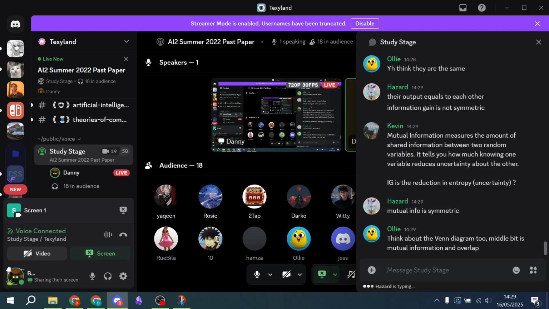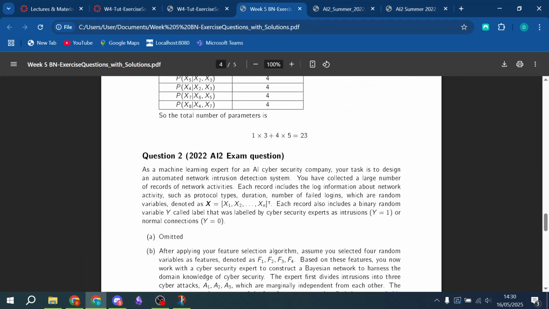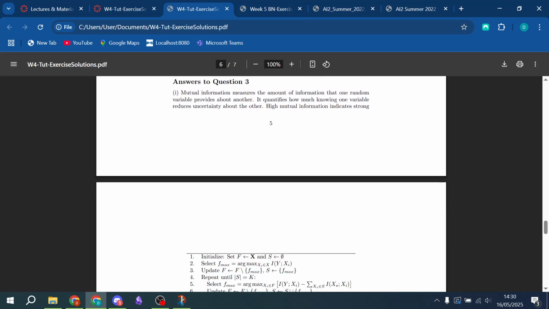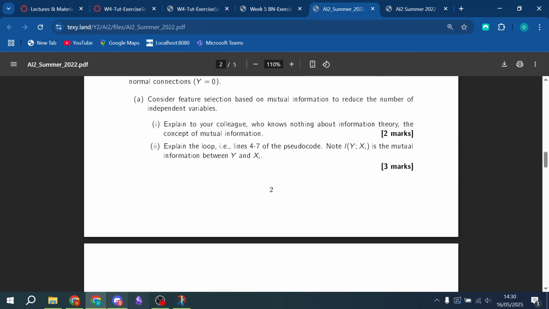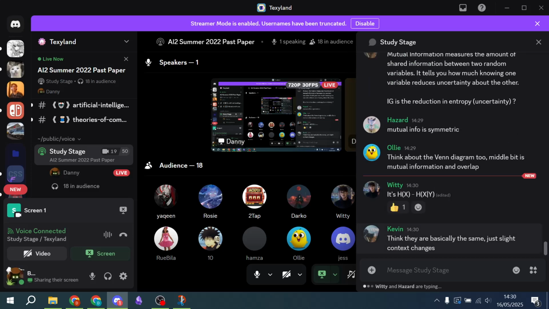I've just forgotten them, but they're not needed here. You just explain what it is according to the solution here. Yeah, that would be it. I think I'm like 90% sure they're the same.